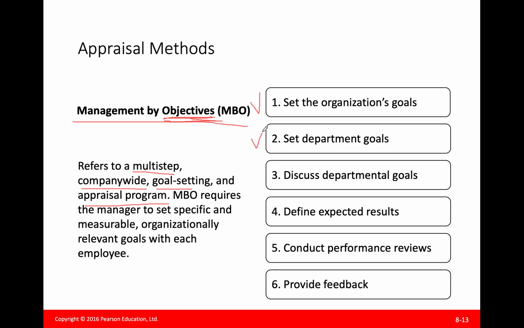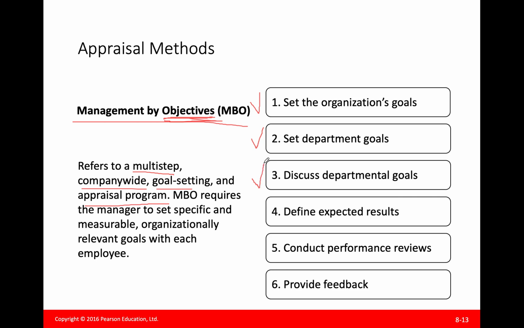And then they set the department goals. So to achieve the 50% in sales revenue, our department goals, let's say the sales department, we have to achieve, let's say, 1 billion Vietnamese dong in sales. And 1 billion Vietnamese dong may be 100 sales contracts. And then we discuss the departmental goals.